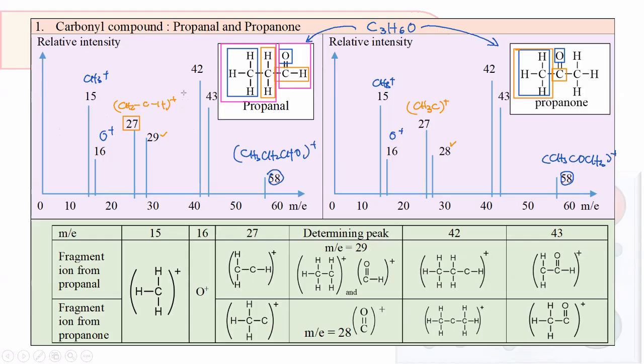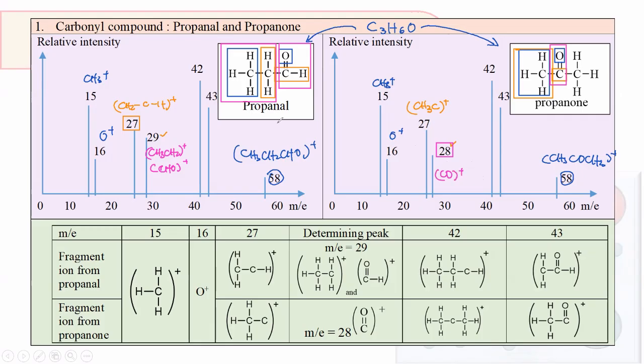So this is the determining peak that will distinguish between propanal and propanone, whereas the 28 in here is given by CO, 28. So this 29, I'm going to write out, is given by CH3CH2 plus, and then you also have CHO plus, whereas m over e 28 in here is given by CO plus here.